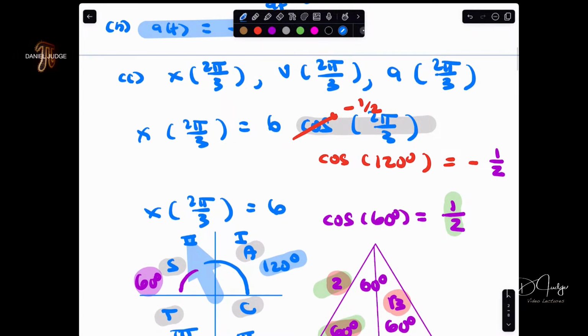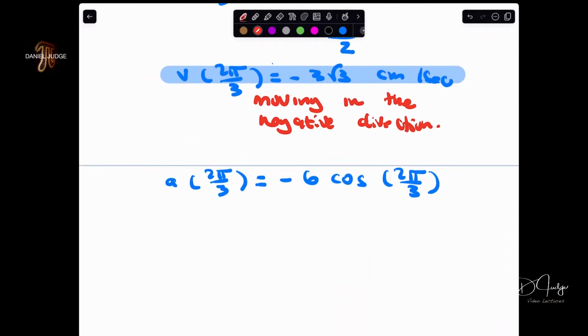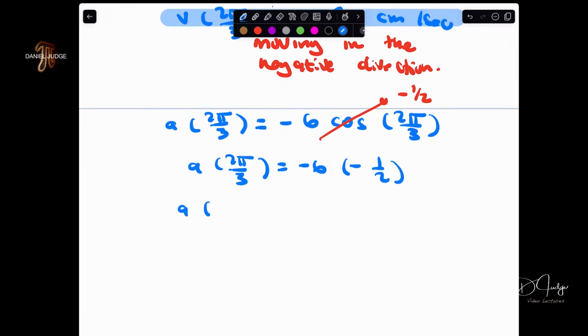It's -1/2, right? So this is what we already determined. So the acceleration at that time, 2 pi over 3, will be -6 times -1/2, which is +3. So let's actually keep the units here. Centimeters per second squared. So you got your acceleration, ladies and gentlemen.